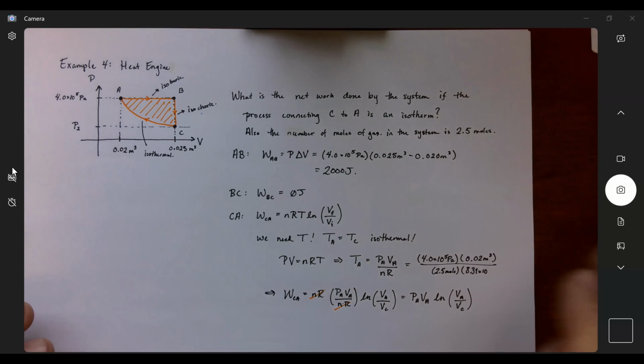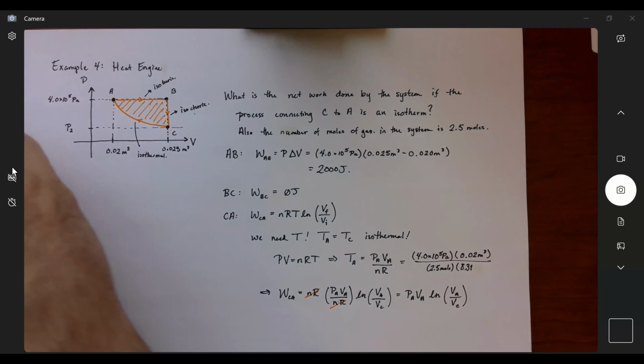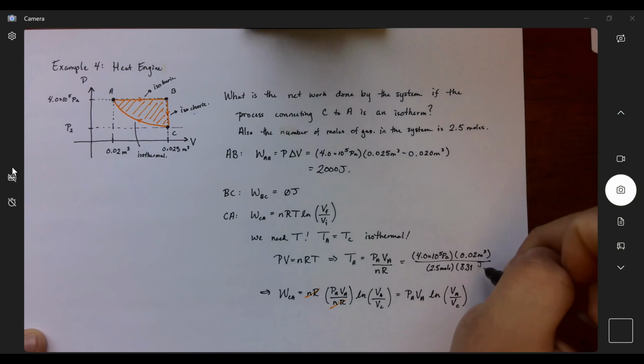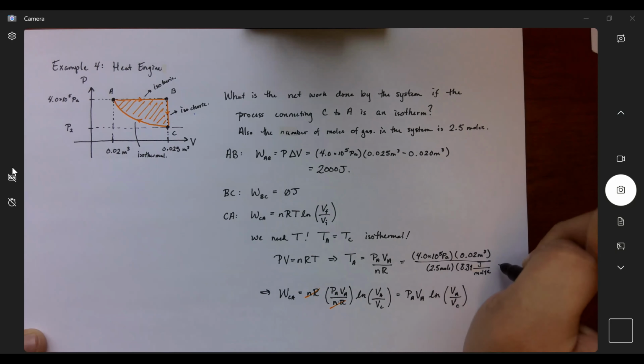Or no, there's no times 10. It's just that. I'm always thinking these constants have more digits than they do. So joules per mole Kelvin.